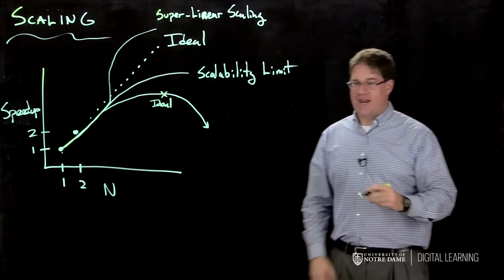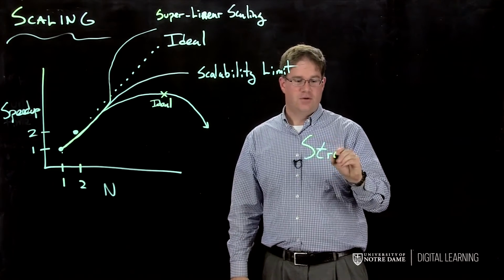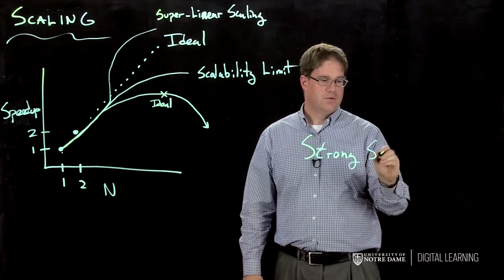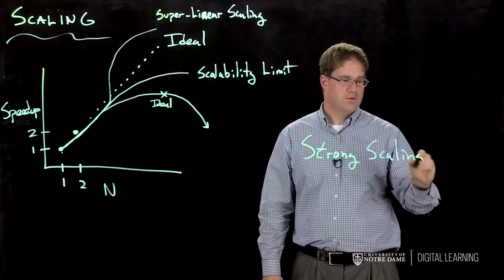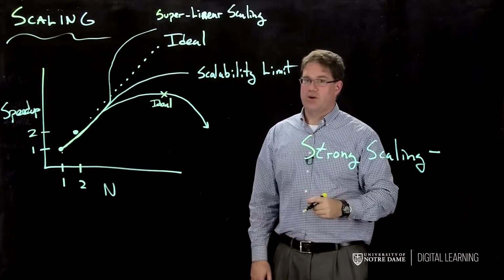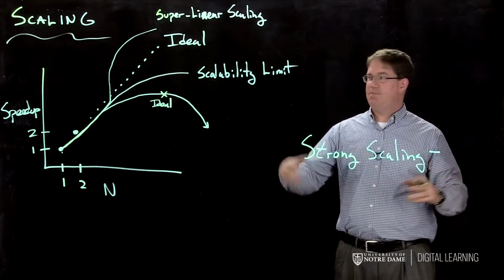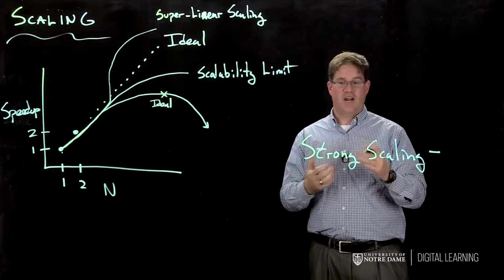Now, the analysis that I've described here so far is known as strong scaling. And strong scaling is the idea that we're going to increase our system size while keeping the problem that we want to solve constant.